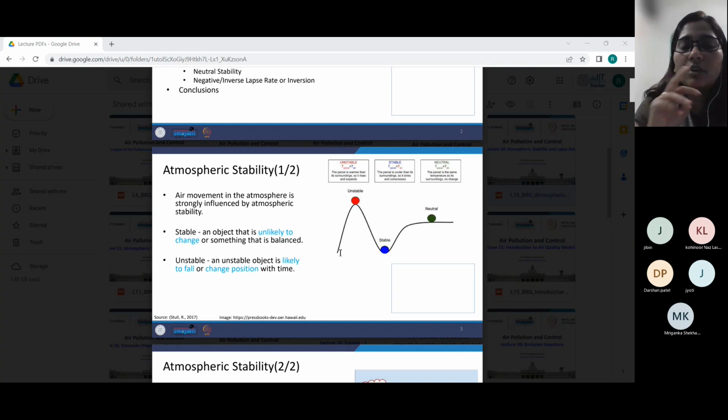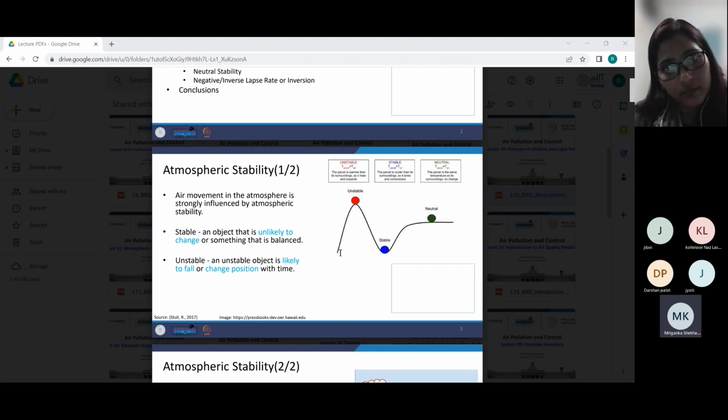Okay. So got the point of instability. How do we say that the environment is unstable? How will you explain? When there is an increase in temperature, the air expands, so that is basically known as unstable.